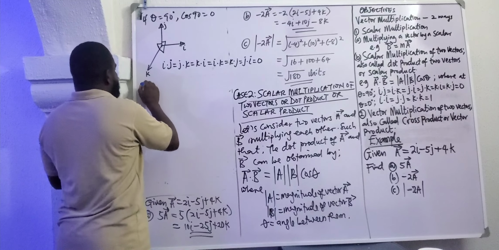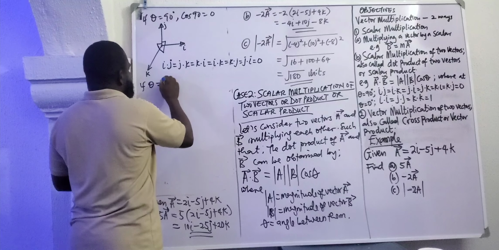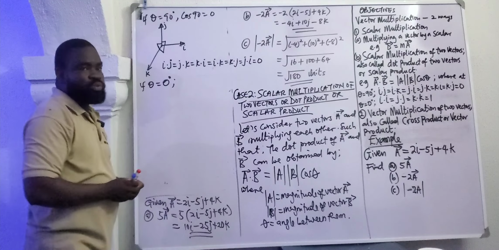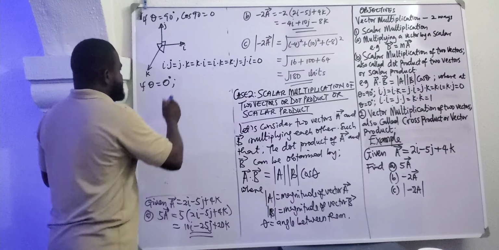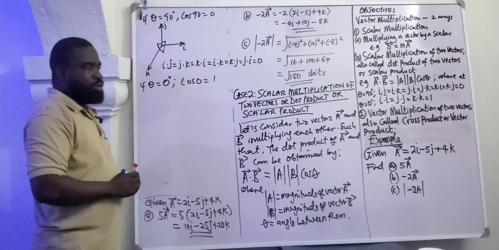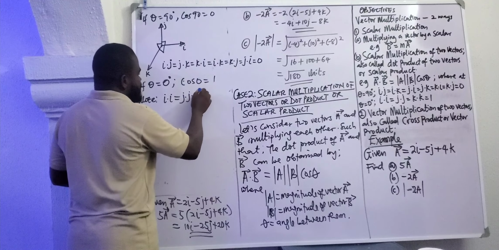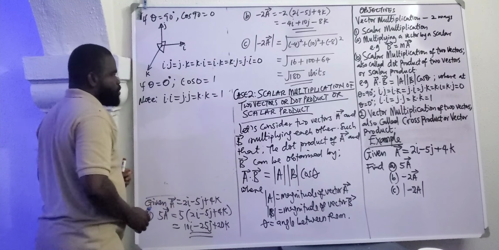Now, if the angle between the two vectors is 0, then cos theta, which means cos 0, will be 1. What does that mean? It means that if you do I dot I, J dot J, the two vectors going in the same direction, K dot K, it will be equal to what? 1.